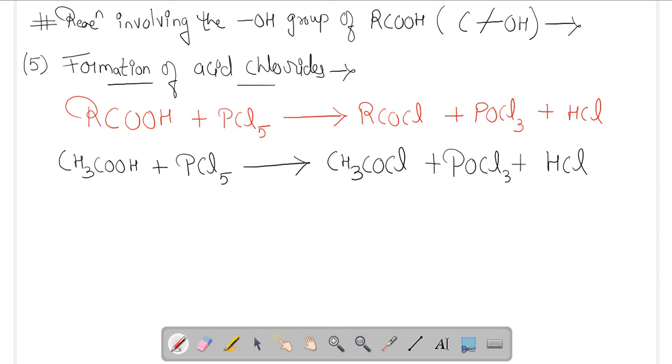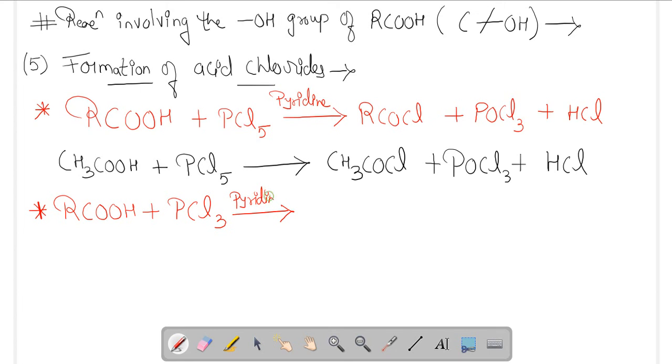The next is the reaction of carboxylic acid with PCl3, and here in the presence of pyridine this reaction takes place. So the product will be RCOCl plus H3PO3.